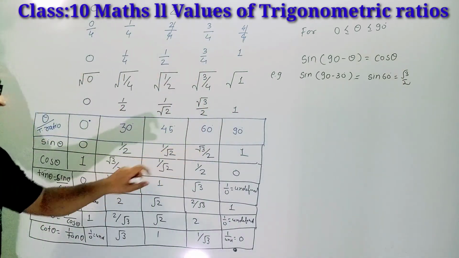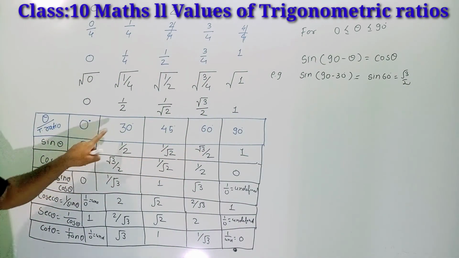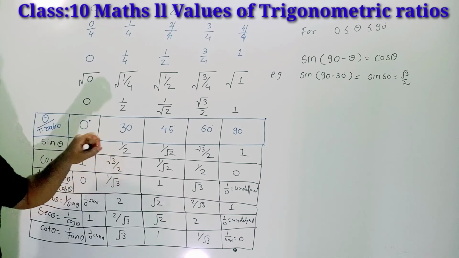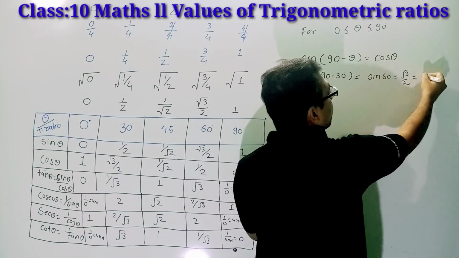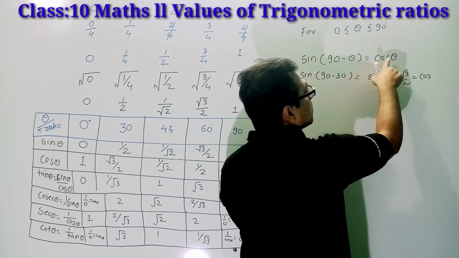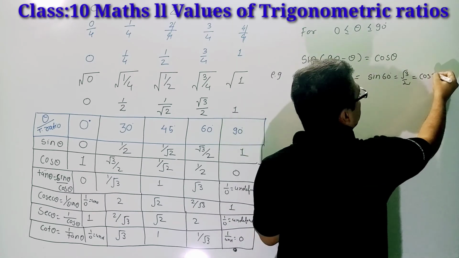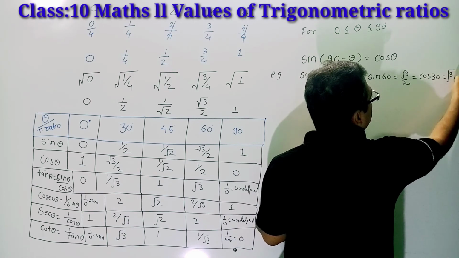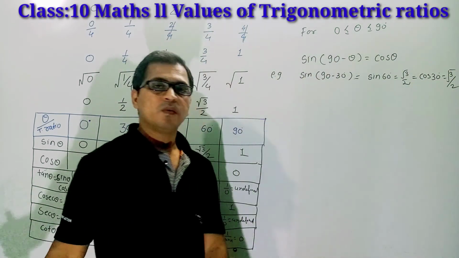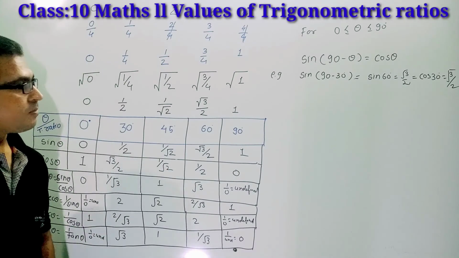And you can see that root 3 by 2 is the value of cos 30 degree. So here you can write cos theta, with theta as 30 degree, is also root 3 by 2. Understood, student?